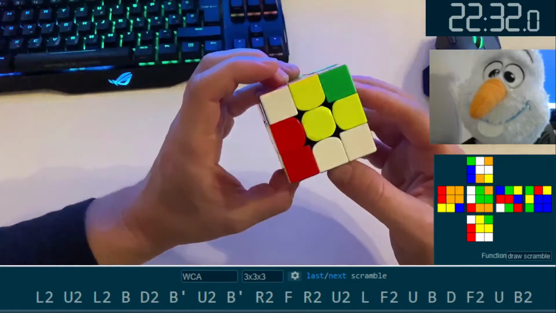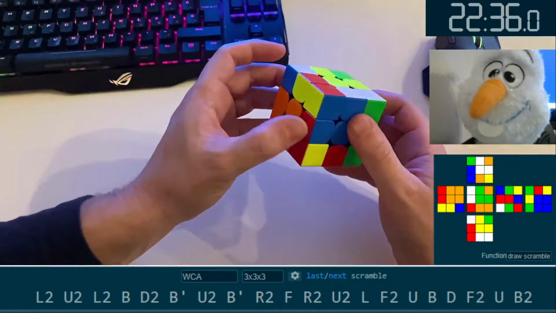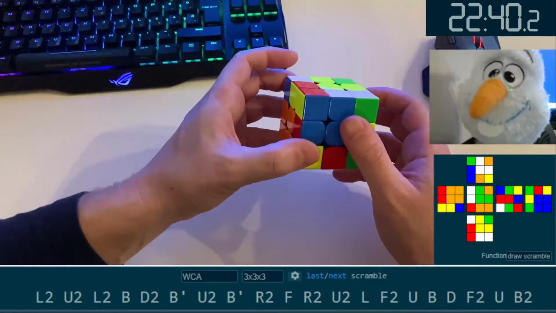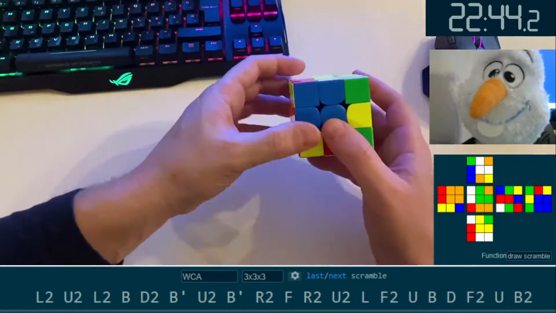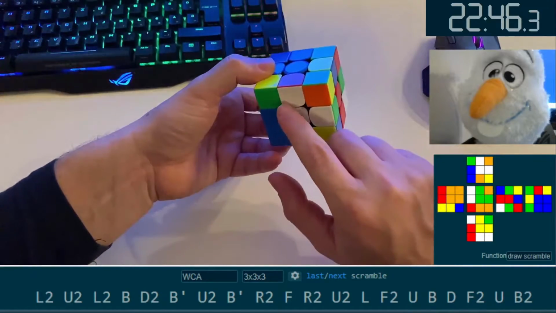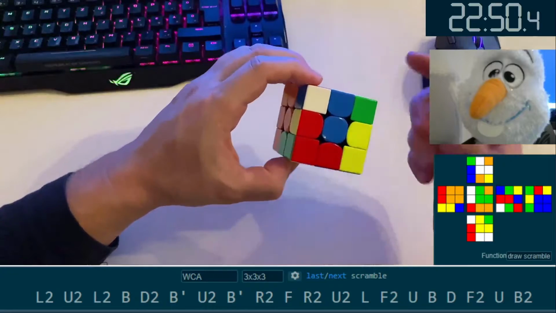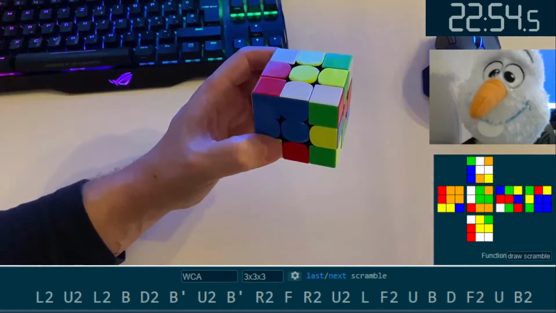Okay, this edge will come up here on top of blue because we will do the cross, something like 1, 2, and then the rest of the cube.